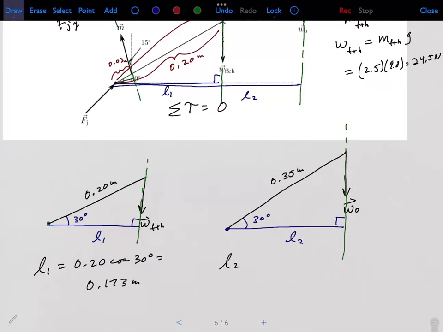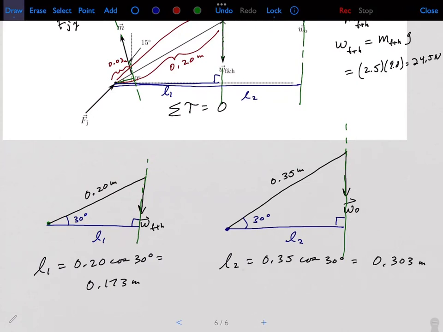So L2 is 0.35 times cosine of 30, and that turns out to be 0.303 meters.